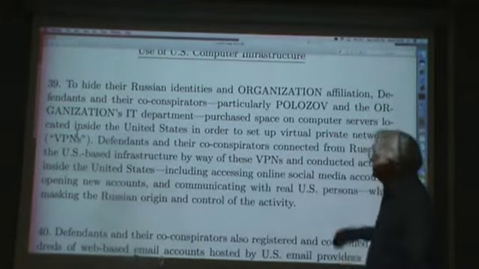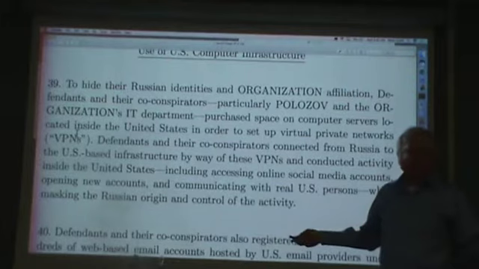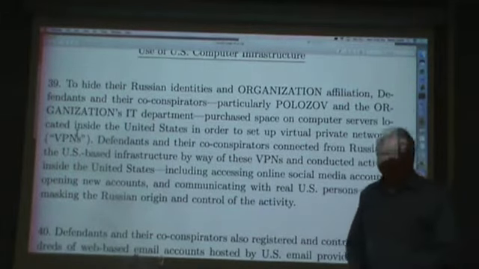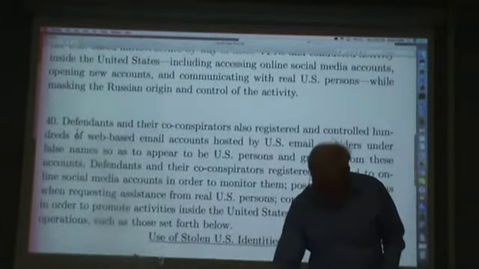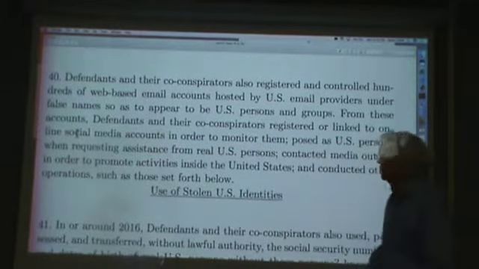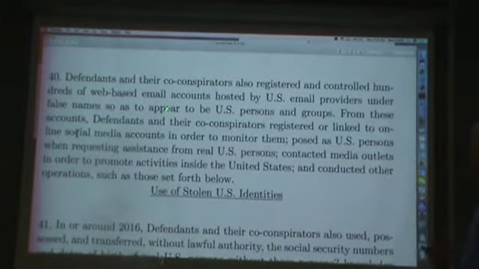And I picked this section simply because you guys are all interested in computers. So the second, item 40, was defendants and their co-conspirators also registered and controlled hundreds of web-based email accounts hosted by U.S. email providers under false names so as to appear to be U.S. persons and groups.